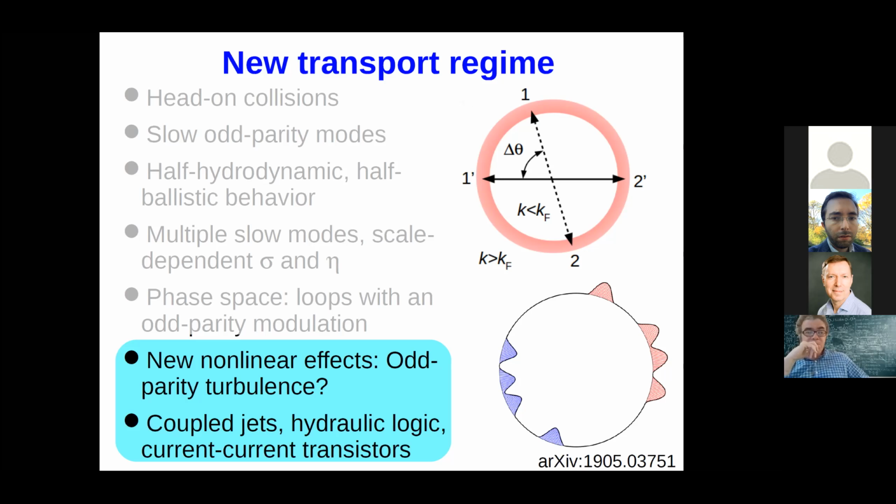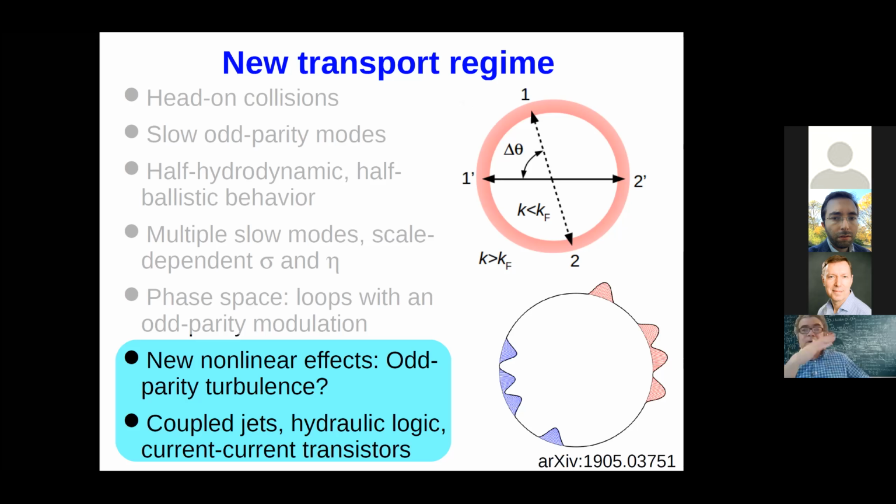But if you're really serious about it, one can think about some kind of hydraulic logic that you realize by taking different jets that generate those slow modes, and then they interact or collide, and in this way you get switching behavior, like in logical gates.